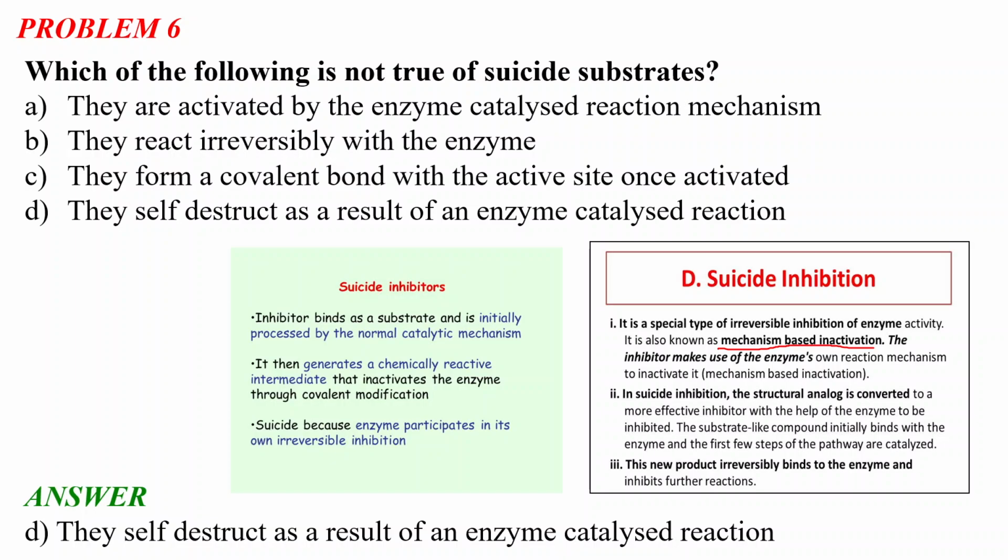One reactive intermediate forms, and this reactive intermediate binds to the enzyme and goes for covalent modification. It is called suicide because the enzyme participates in its own irreversible inhibition. Okay. So, I think it is clear what a suicide substrate and suicide inhibition are.